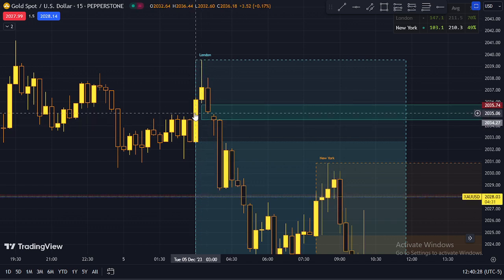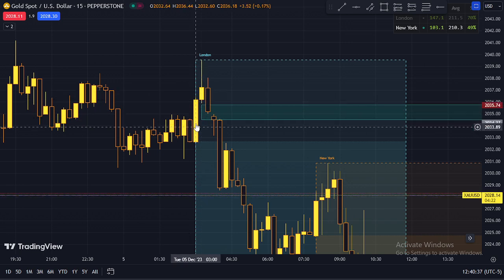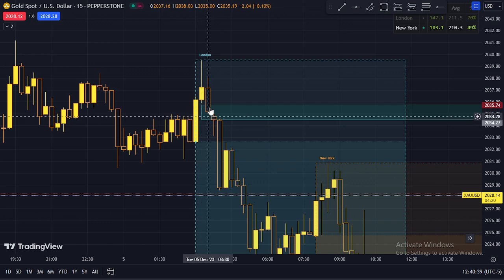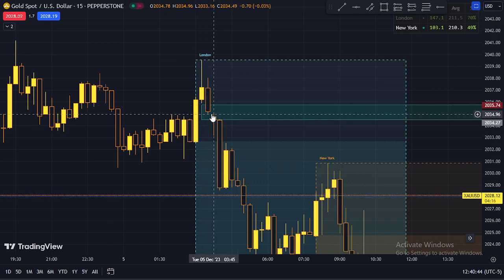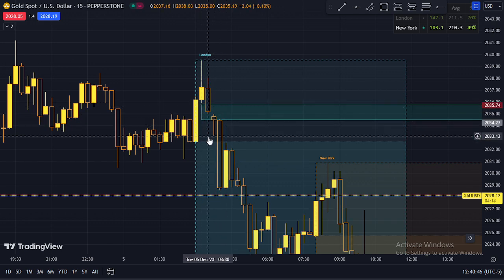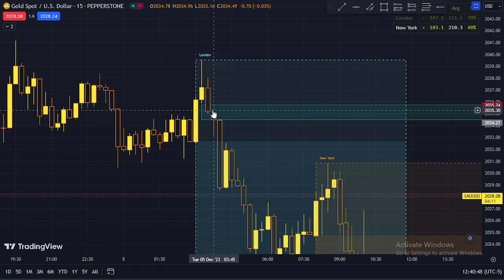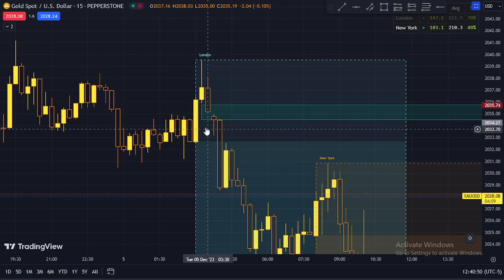This is just an imbalance where there was actual trading that took place, but the candles did not overlap. That's an imbalance. But the space in between the candles, no wicks, nothing, that is a real liquidity void.